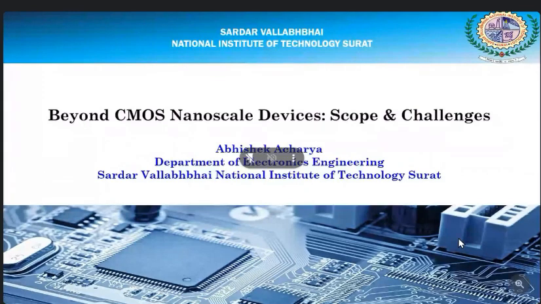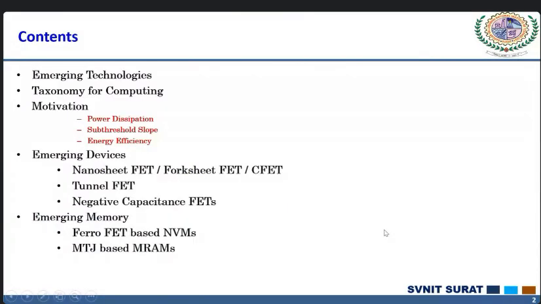These are the contents of my presentation. I'll start with emerging technologies, then taxonomy for computing, then I'll come to the motivation of today's talk, that is power dissipation, subthreshold slope, and energy efficiency. Then we will discuss the emerging devices, which are nanosheet FETs, fork sheet FET, and CFET, and beyond CMOS devices, we have tunnel FET and negative capacitance FETs.